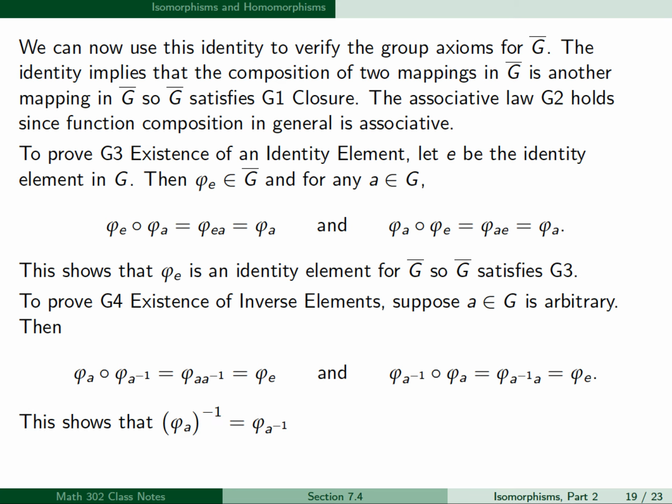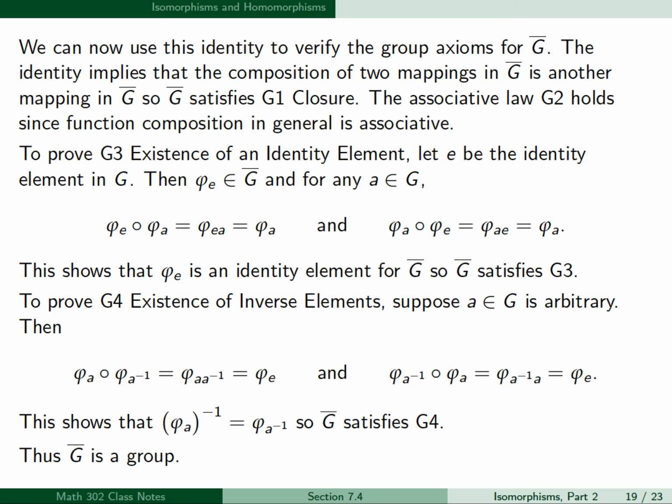And this shows that the inverse of phi sub A is equal to phi sub A inverse. So this tells us that every element phi sub A in G bar has an inverse element. It's given by phi sub A inverse. So G bar satisfies our fourth axiom, G4. And thus G bar is a group.